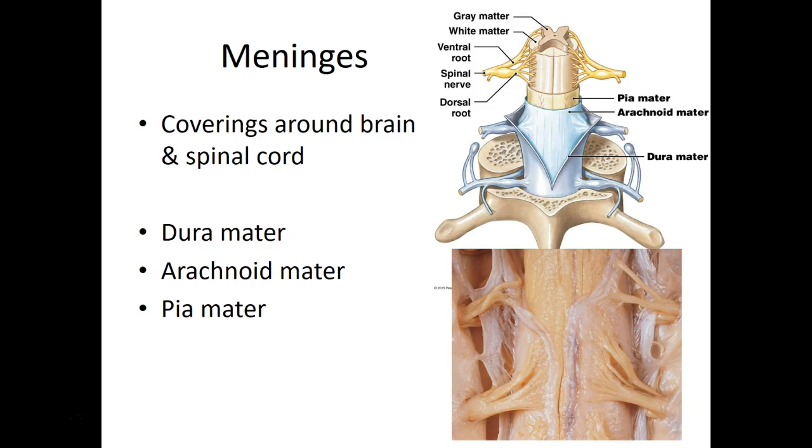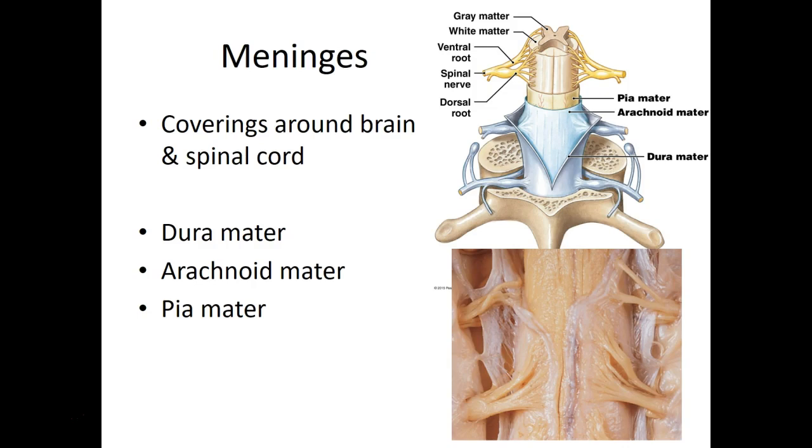So it's going to be very delicate, and it's connected strongly to the nervous tissue. So here, the dura mater is connected more to the osseous tissue. Pia mater is more connected to the nervous tissue, and in between we have the arachnoid mater. There's going to be a space between the arachnoid mater and the pia mater.